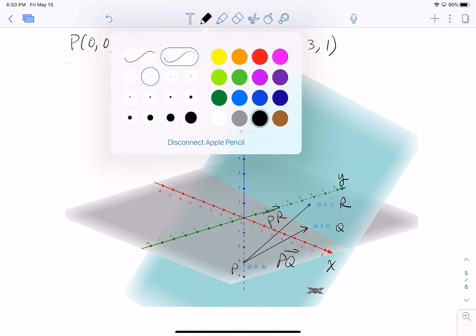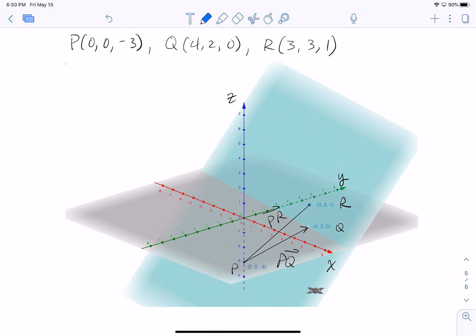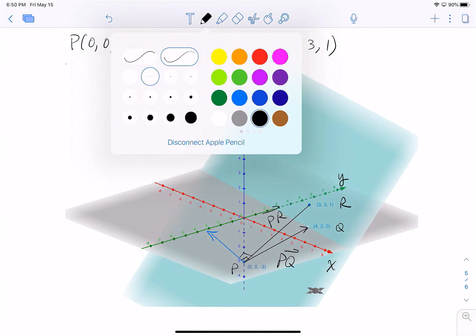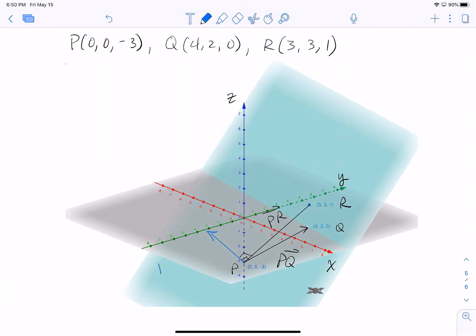And if we find the cross product of those vectors, then what we're going to end up with is something that is orthogonal to both of these vectors, and therefore is orthogonal to the plane. So the vector that we're after is actually going to be PQ cross PR.